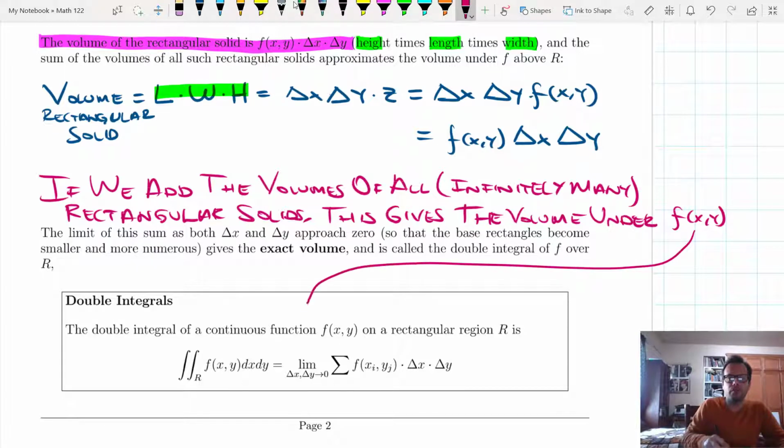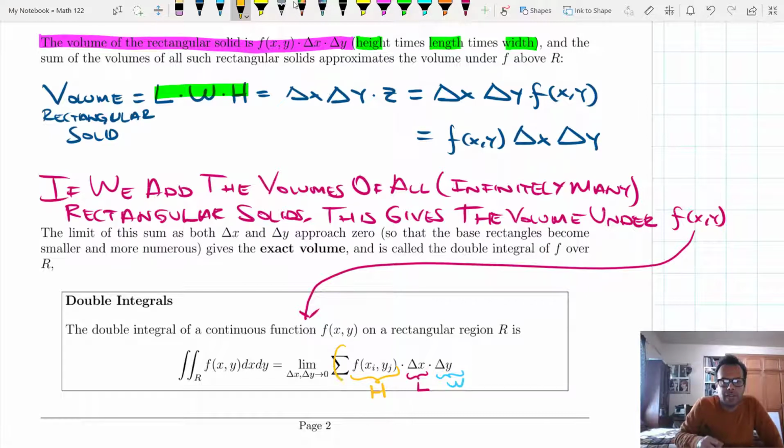And the formal form is given right here. So in this case, here is the summation form, right? This is the length. This is the width, and this is f of x sub i, y sub j, and this is the height, right?